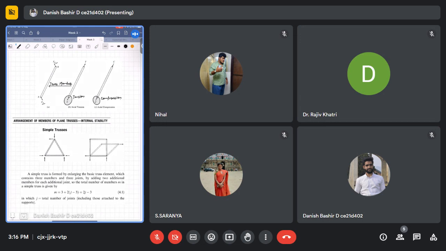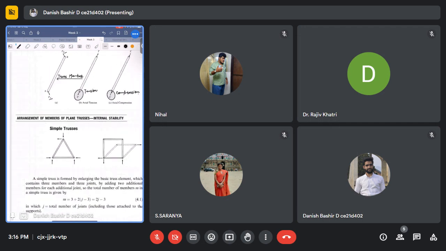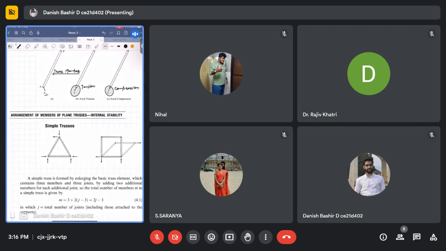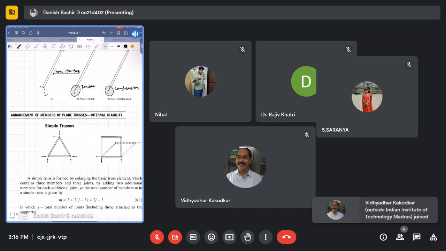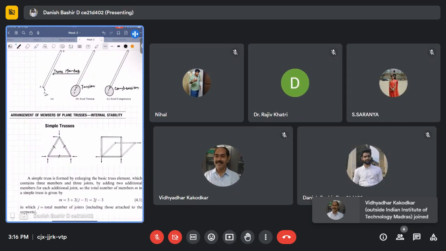Then the next thing is arrangement of members of a plane truss and internal stability. So look, one of the simple trusses that can be constructed is using three members like this: one, two, and three members, and then connecting them together. Okay. So this is the simplest type of truss that we can connect using three members.